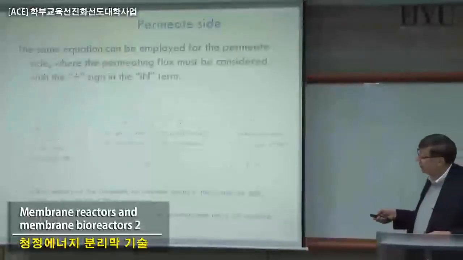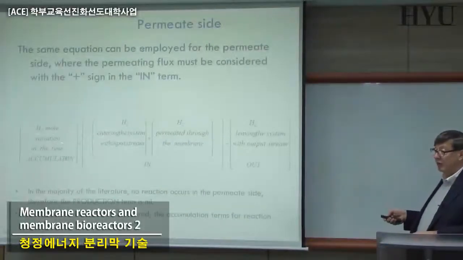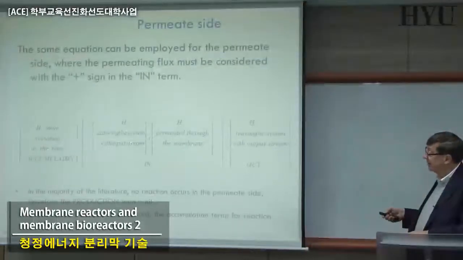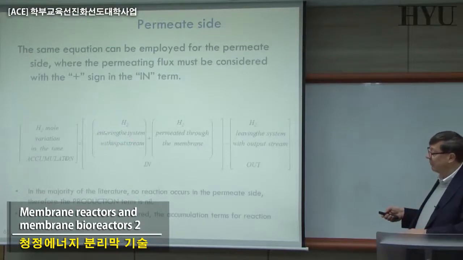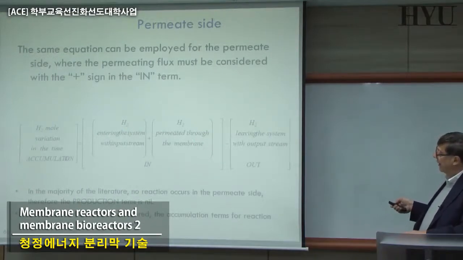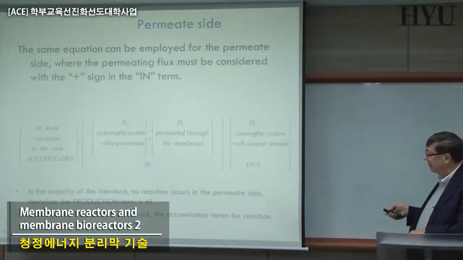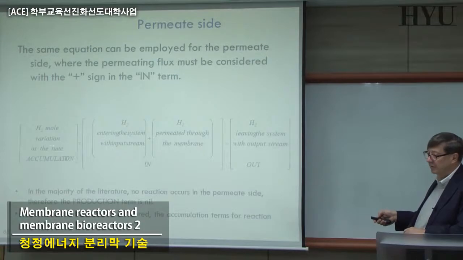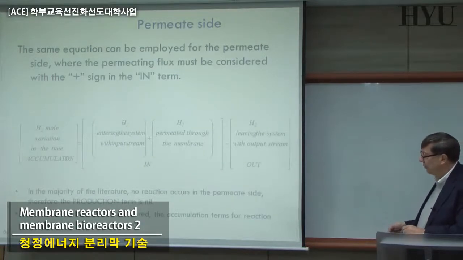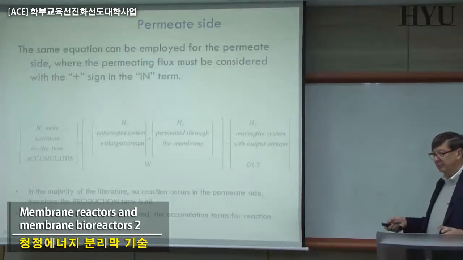So that's for the reaction side. On the permeate side, we will have an accumulation, in which there will be some hydrogen arriving through the membrane, and there will be the hydrogen which permeates through the membrane and hydrogen that is leaving the system. So you have hydrogen in, hydrogen out, and that is the term of accumulation that we will have.